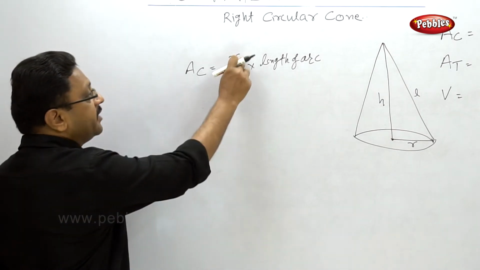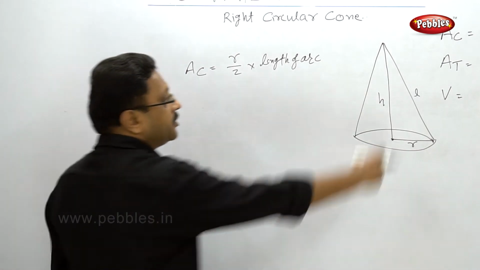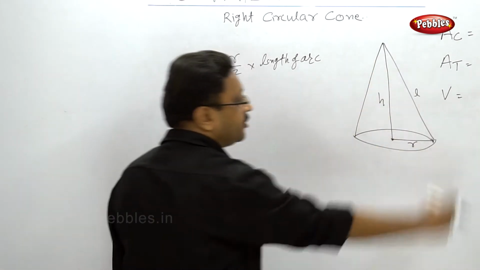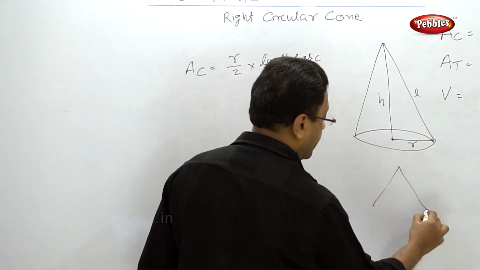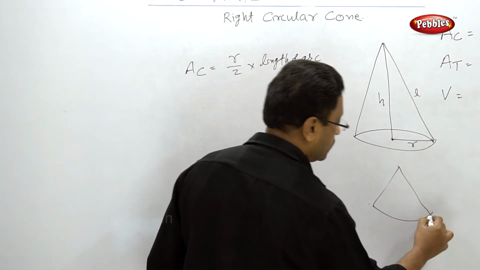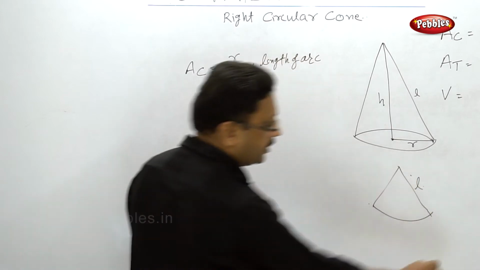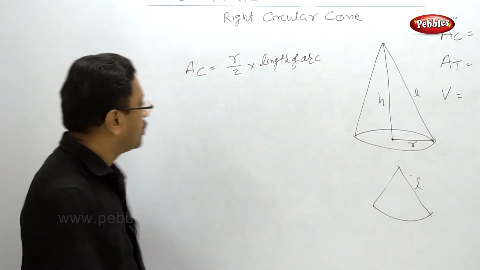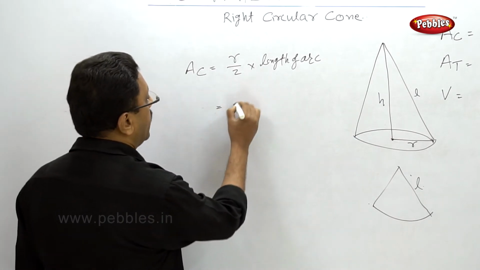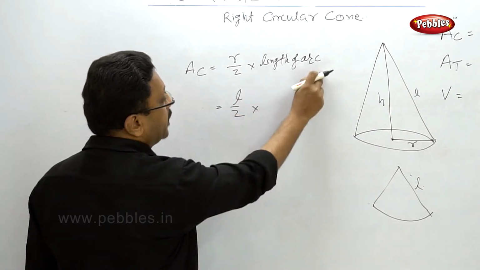And the slant height will become the radius, because when you open this, you will get a shape something like this. So this L is now the radius of this sector. So here we have L upon 2 into length of arc.